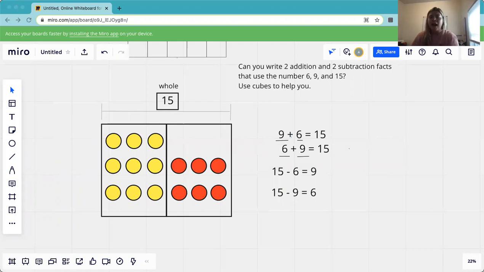I want to think, how can you show the parts of the fact family? I want to think about this question as we do the activity that I'm going to show next. So looking at this problem, what is the 15 in my part-whole math?